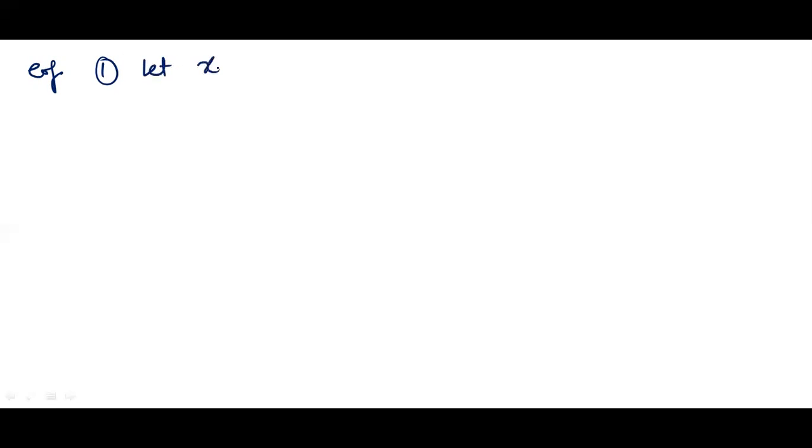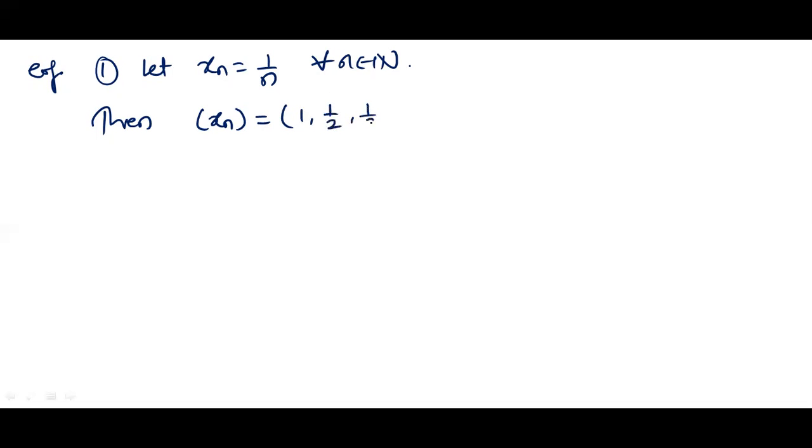Let xn equal 1 by n for all n belonging to N. Suppose the nth term of the sequence xn is 1 by n, then the sequence xn is the sequence whose first term is 1, second term is 1 by 2, third term is 1 by 3, fourth term is 1 by 4, and so on.